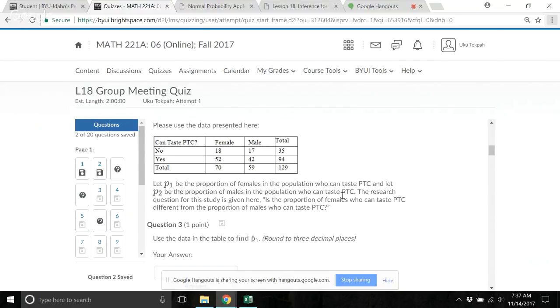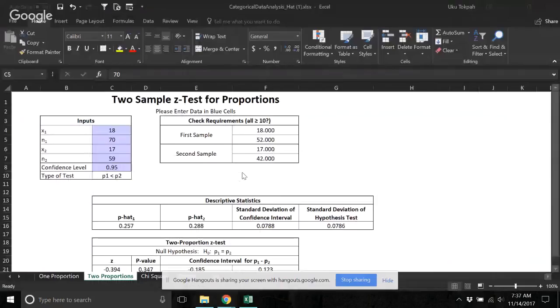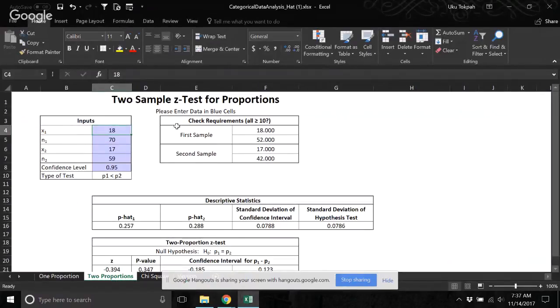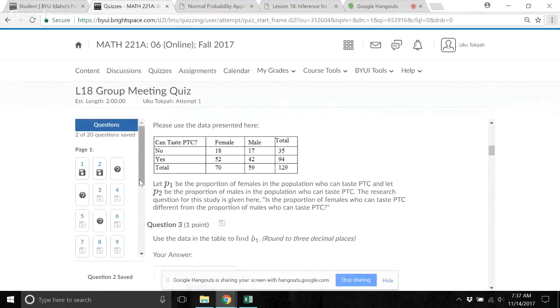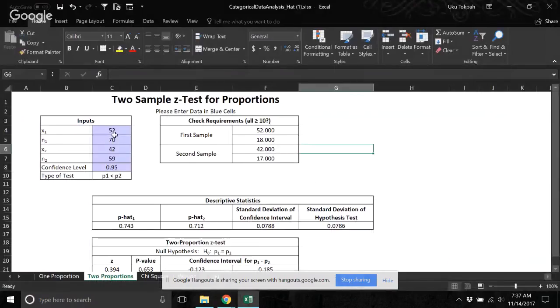Yeah, so X1 is 52, X2 is 42. Okay. Oh, sorry, I'm still waking up, can you tell? And then my N1 is just the total, and then N2 is 59, right?